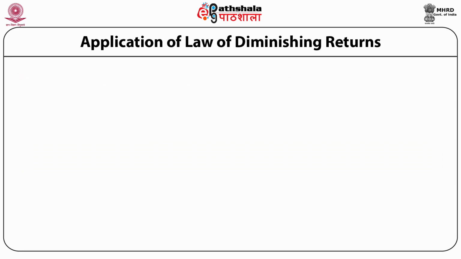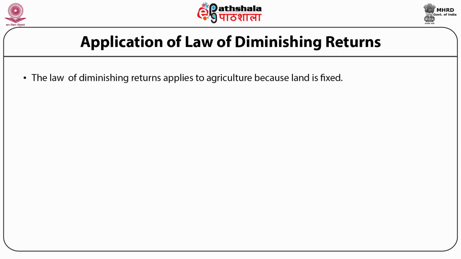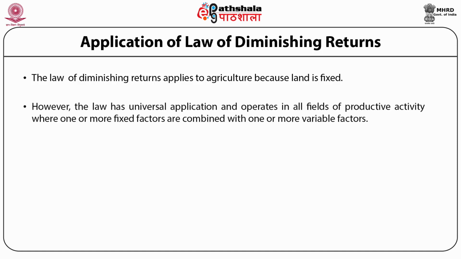Application of law of diminishing returns. The law of diminishing returns applies to agriculture because land is fixed. However, the law has universal application and operates in all fields of productive activity where one or more fixed factors are combined with one or more variable factors.